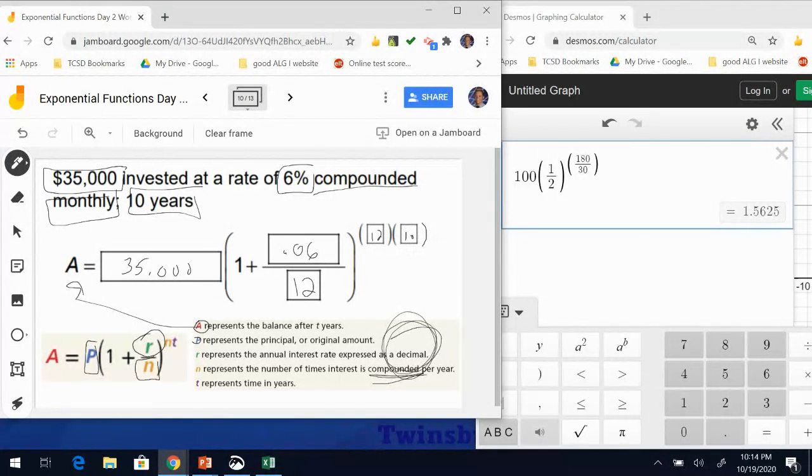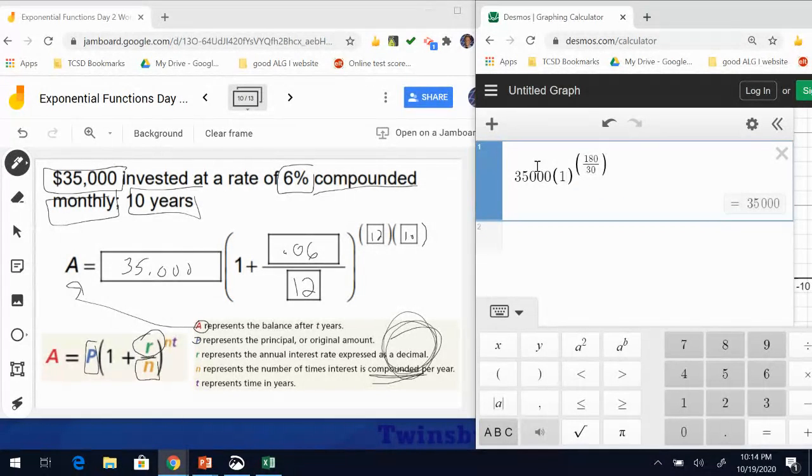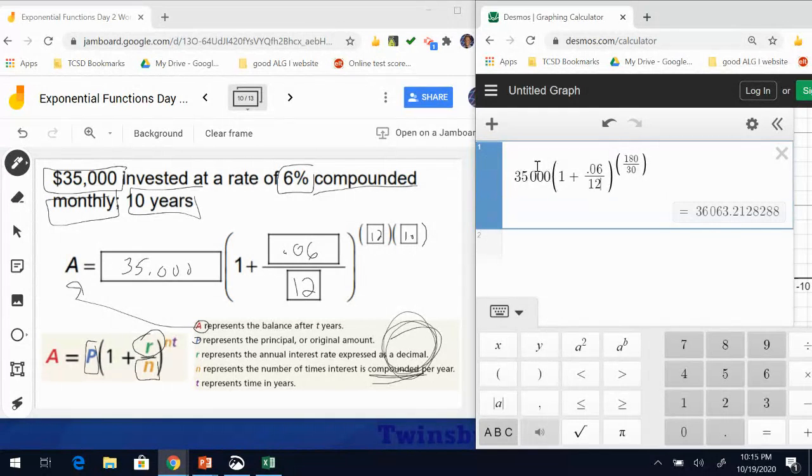So, again, you can do it by hand, I don't suggest it, but hey, I'm going to use Desmos. That's probably the simplest way to go about this. And now inside, we're going to be talking about growth. So notice how I don't erase everything in Desmos. I'm going to use my prior information that I had and just backspace it out there. So 1 plus 0.06 divided by 12. All right.